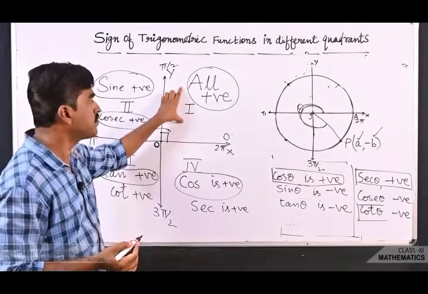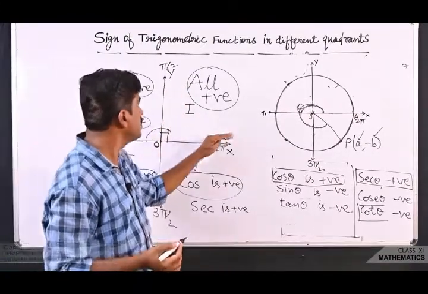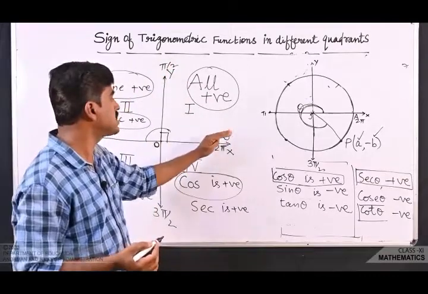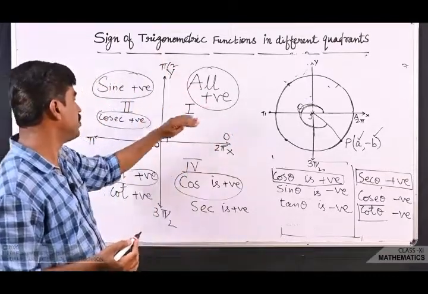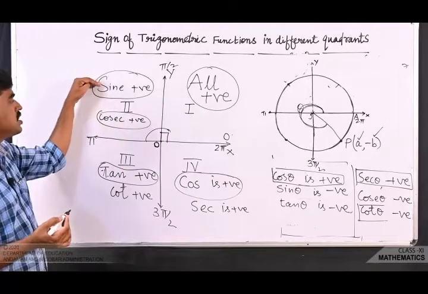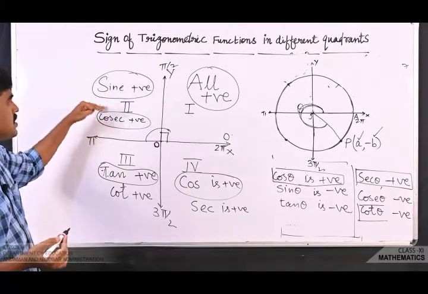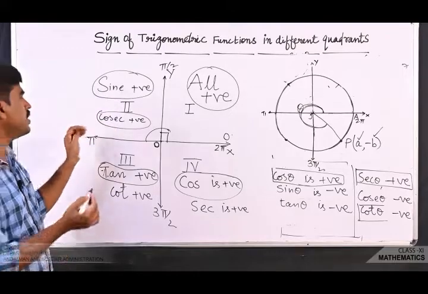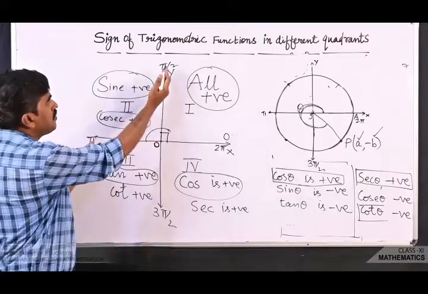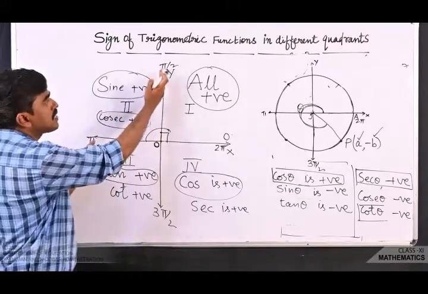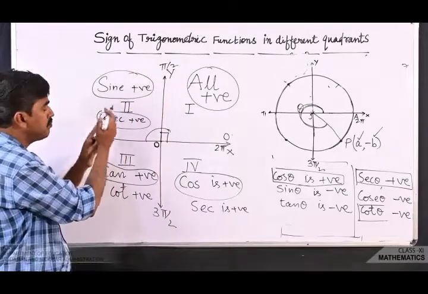First quadrant means theta lies between 0 and pi by 2, theta is greater than 0 and less than pi by 2. In the second quadrant, sin is positive and cosec is also positive, as cosec is the reciprocal of sin. Here theta lies between pi by 2 and pi.